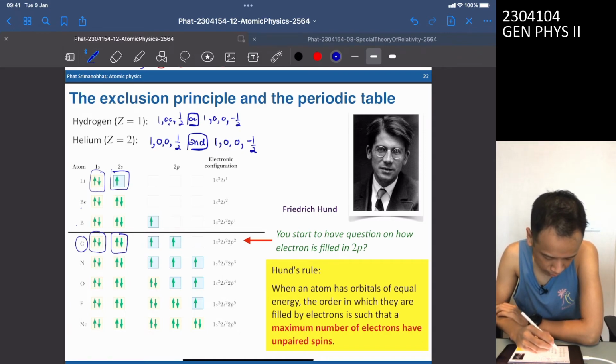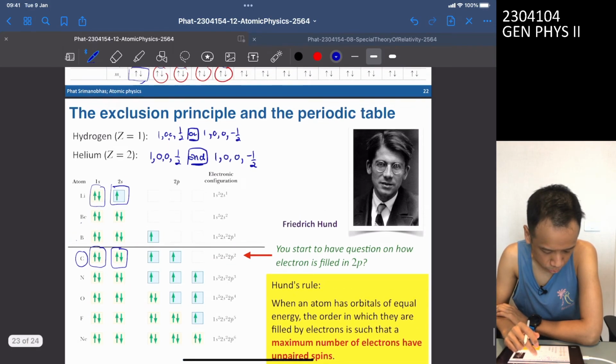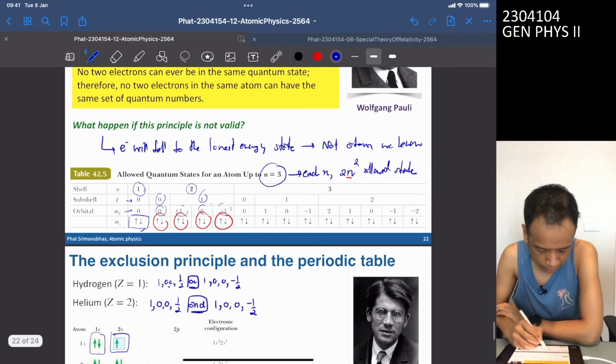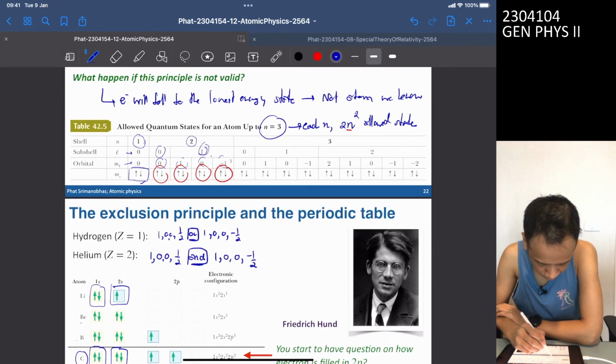So now you have 2 remaining, right? From 2s you go to 2p, when n equals 2 and l equals 1, so you have 3 boxes.